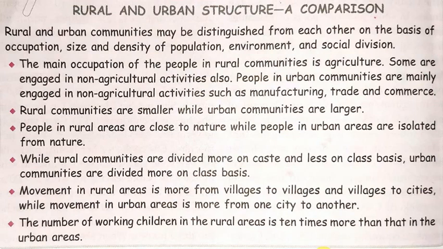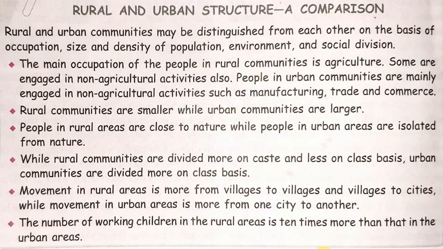The main occupation of the people in rural communities is agriculture. Some are engaged in non-agricultural activities, but in urban communities, people are mainly engaged in non-agricultural activities such as manufacturing, trade and commerce. Rural communities are smaller while urban communities are larger.